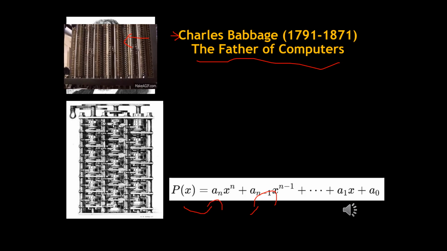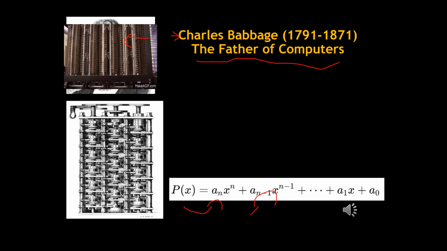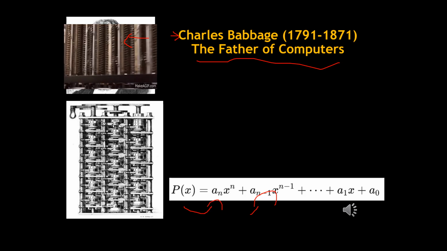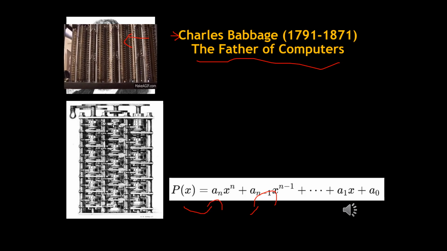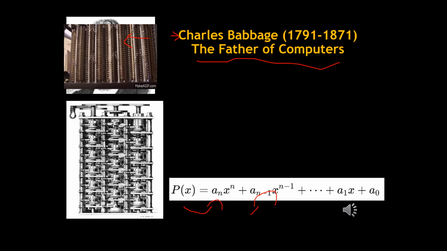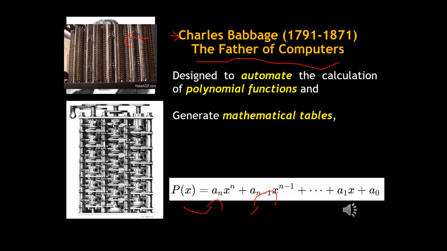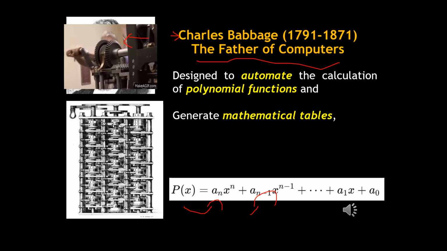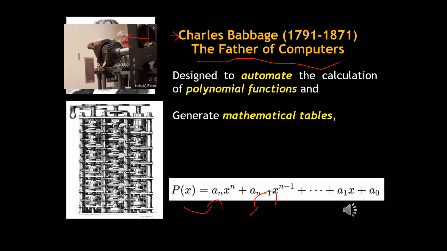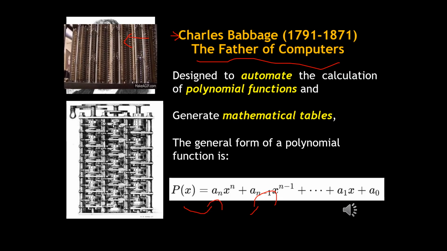So here you have the video that I showed you before, that shows when they built the machine. Finally, somebody made it, and it actually worked. He couldn't finish this machine because of lack of funding, but then they made it and it actually worked. So remember, what Charles Babbage did was to design, he decided to automate the calculation of polynomial functions, building this machine that generates mathematical tables.